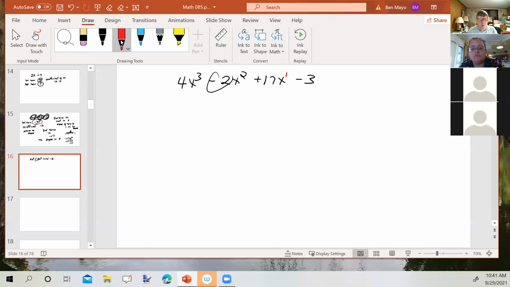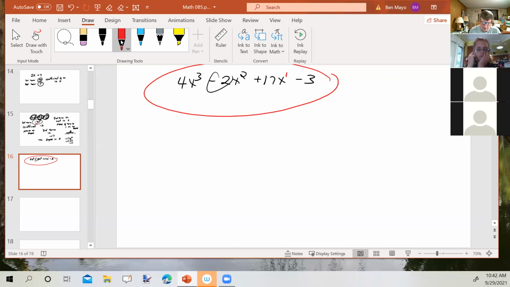Now, suppose we want to know the degree of the entire polynomial. The degree of the entire polynomial is equal to the degree of the highest powered term within the polynomial. So this is a polynomial of degree 3.